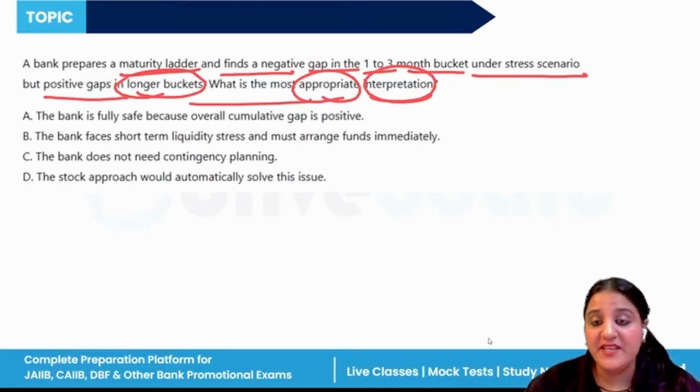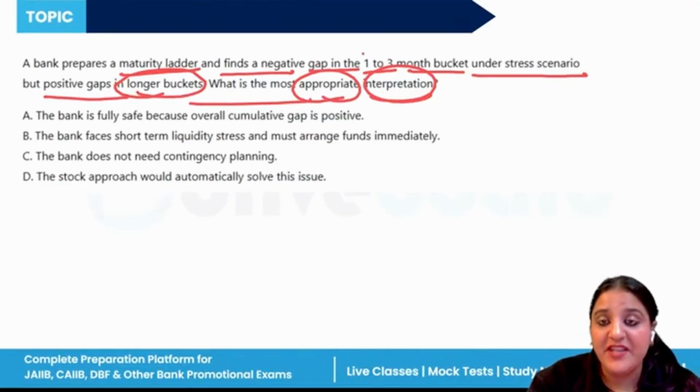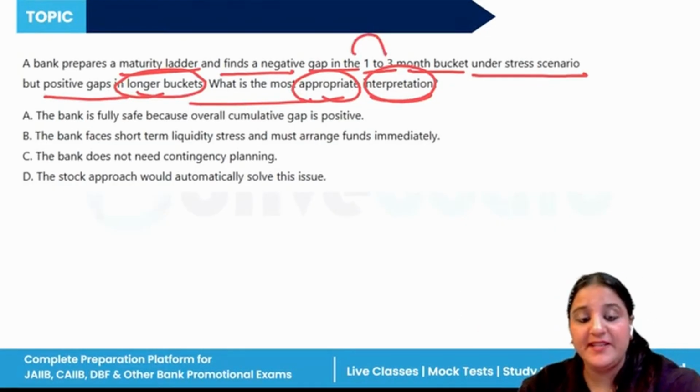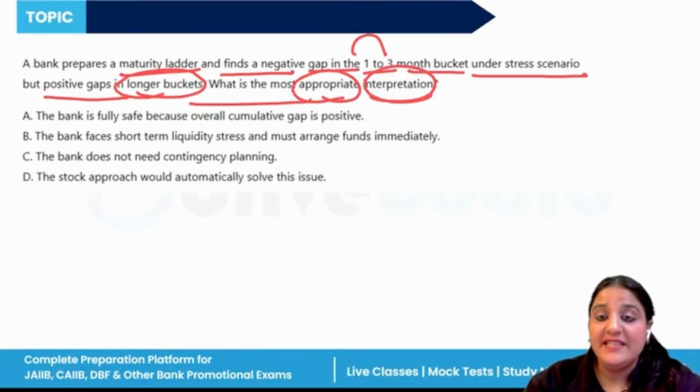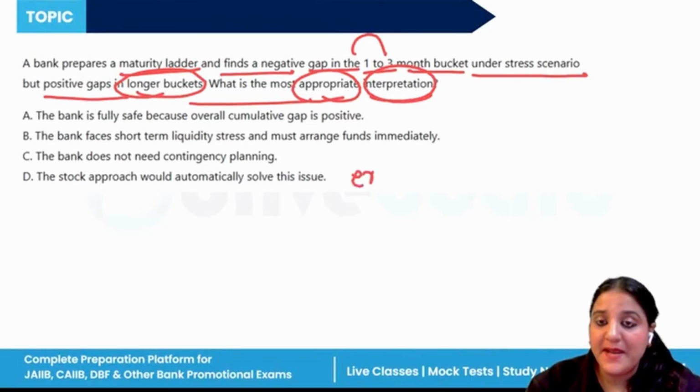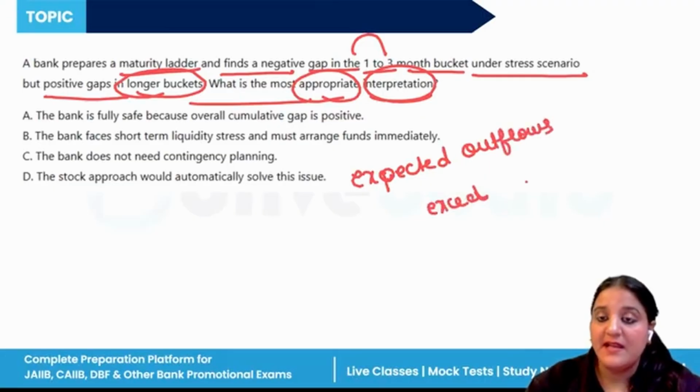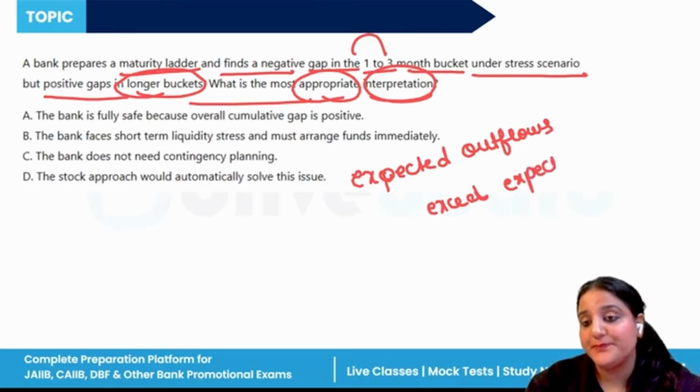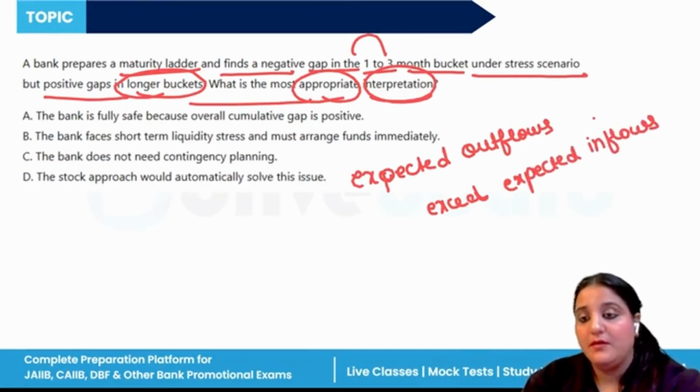So if there is a negative gap in the 1 to 3 month bucket under the stress scenario, that means expected outflows exceed the expected inflows, right?